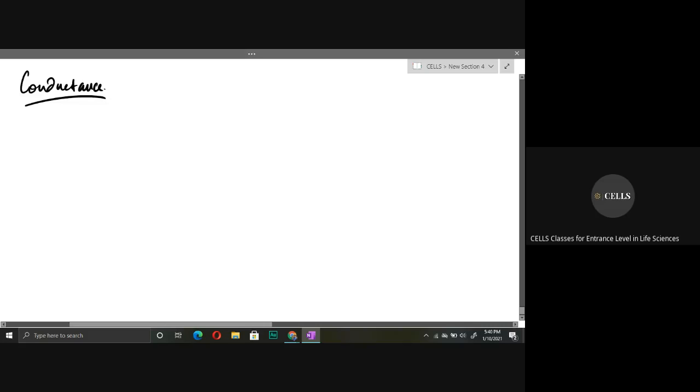Conductance. Now in case of conductance, we know that resistance is rho into L by A. This is the resistance, and this rho is the specific resistance or the resistivity. L is the length and A is the area of cross section. Conductance is just the reverse of resistance.